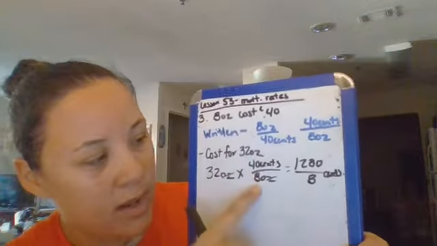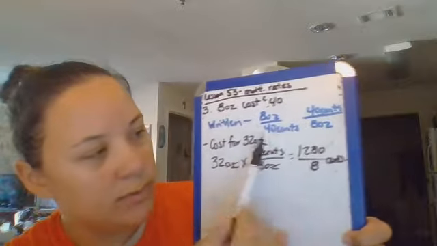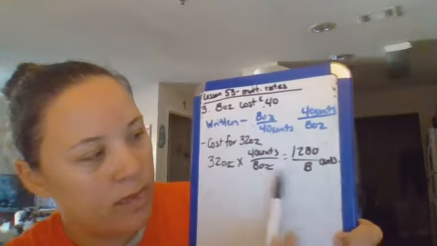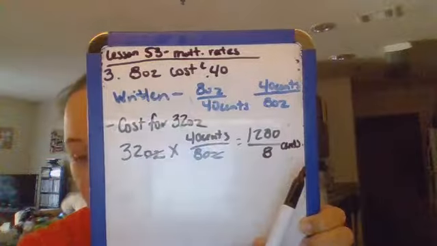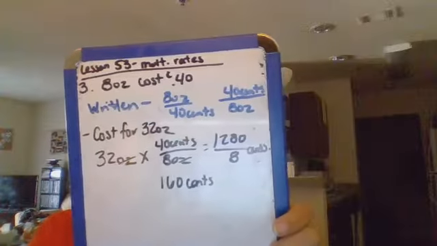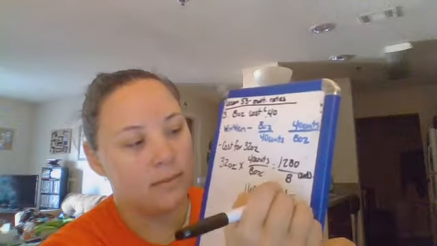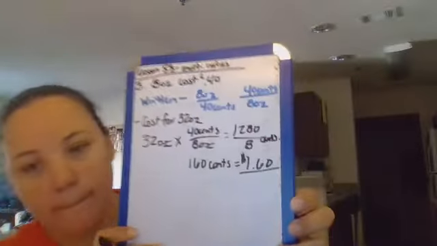So we put 40 over 8. Ounces cancel out. So 32 times 40 is 1280. When we move the 8 over, it's 1280 divided by 8 cents. If we divide 1280 by 8, we get 160 cents. And it's money, so that's actually $1.60, which is our final answer.